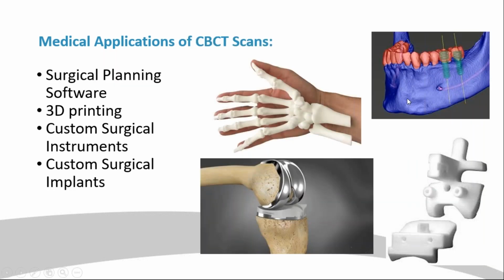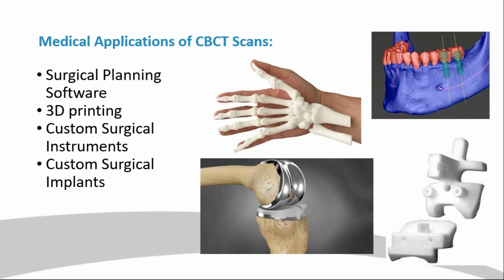So how are the medical professionals utilizing this technology? The cone beam CT scans that they take are ultimately being used for all of these different applications. So, surgical planning: the scans can be imported into other specific software.